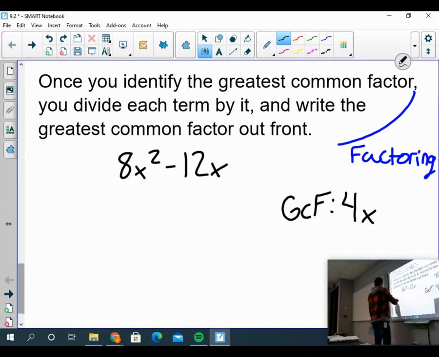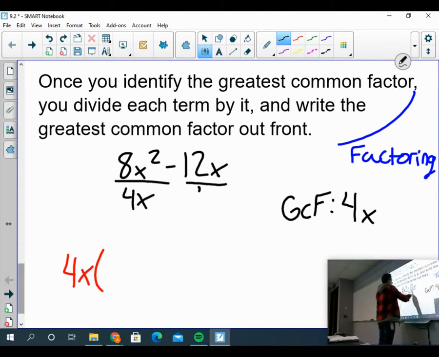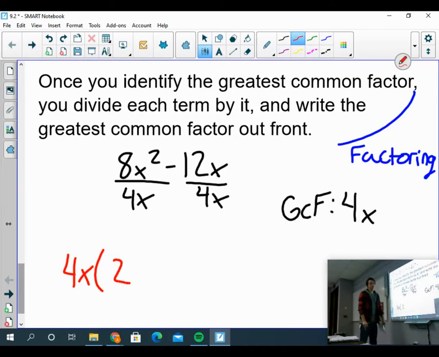So now I'm going to take the 4x out front, and I need to divide each term by 4x. Well, 8 divided by 4 is 2. X squared divided by x, like bases divided, subtract the exponents, and I get 2x.